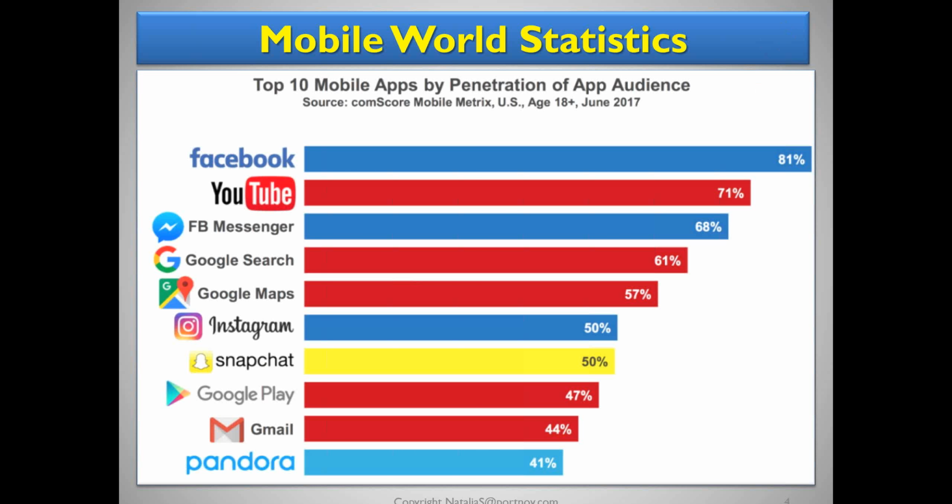Basically, the biggest audience right now is using Facebook. Why? Because everybody is connected, right? Billions of people are connected through Facebook. Of course, it is a big source of mobile advertisement. Then YouTube.